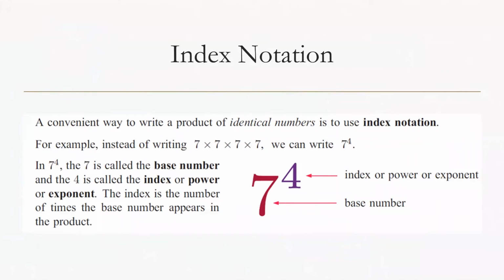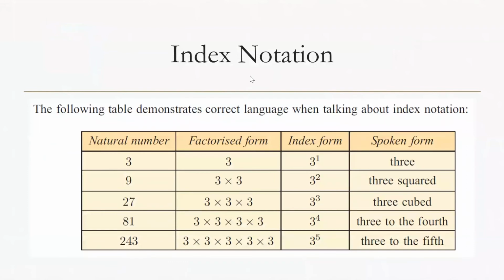Okay, no. So let's go into the next slide. So we have some different forms and how to express them in their names. The following table demonstrates correct language when talking about index notation. We have natural numbers. When we say a natural number, we basically mean the basic numeral form that we're used to.